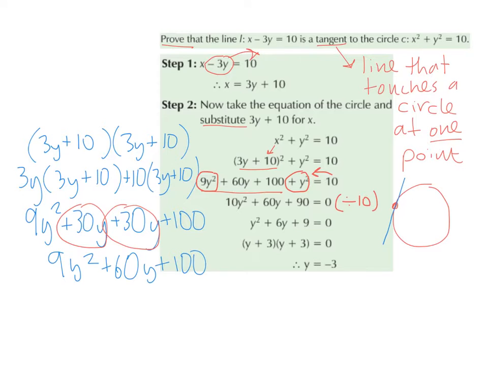But in order for this line to be a tangent to this circle, there must be only one point of intersection. And that one point of intersection needs to have one x value and one y value. So we have found the one y value. Now we need to find the x value.